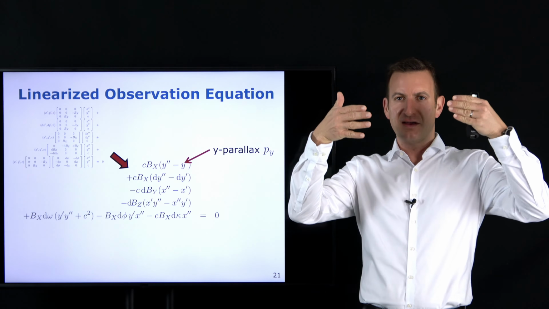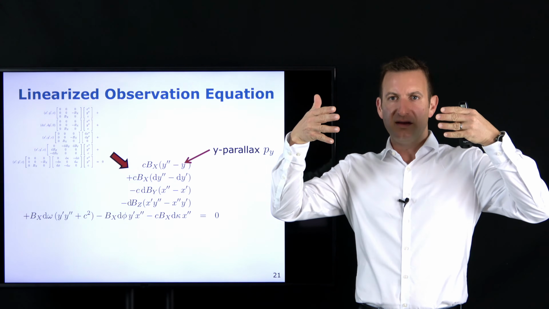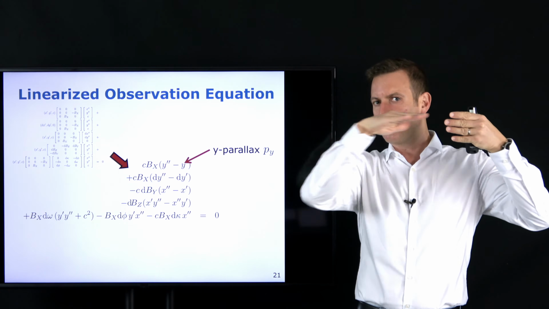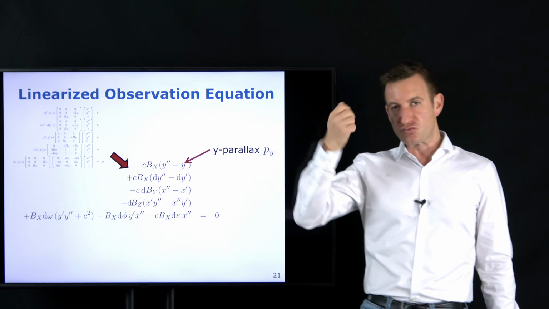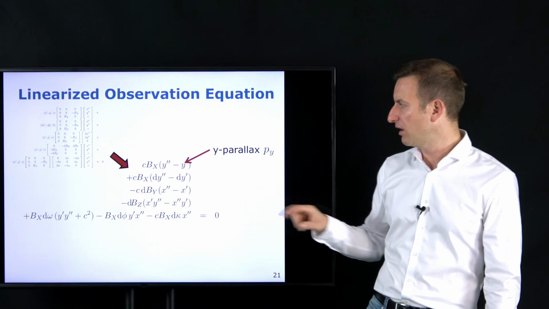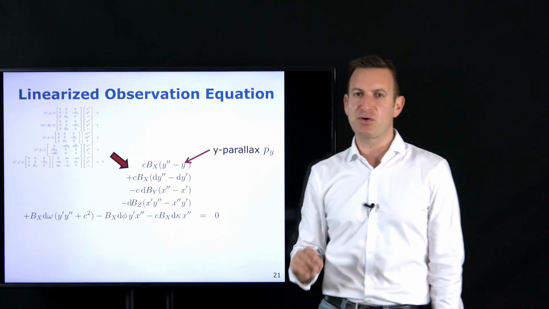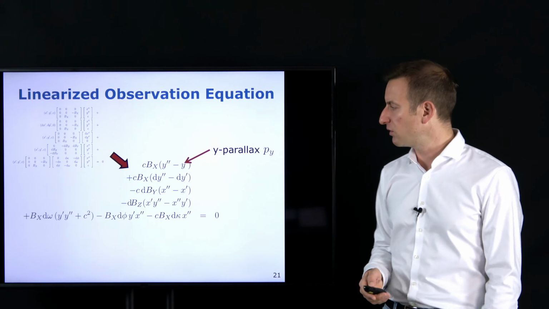In the stereonormal case, the difference in the y coordinates should be 0 because the epipolar lines are horizontal lines. The y coordinate is basically the row index, and this should be 0 in the perfect stereonormal case. This is what we call the y parallax. So the y parallax in the stereonormal case should be 0.